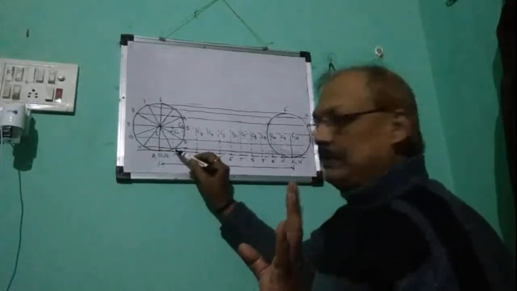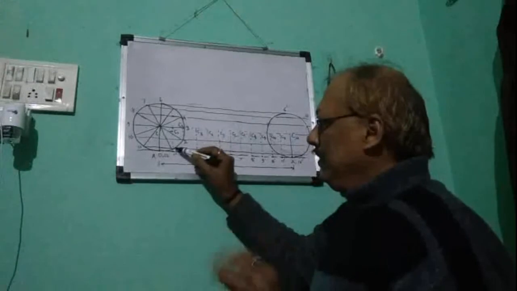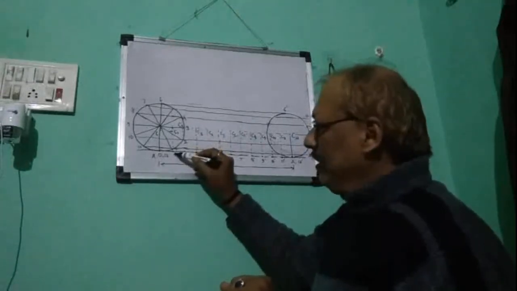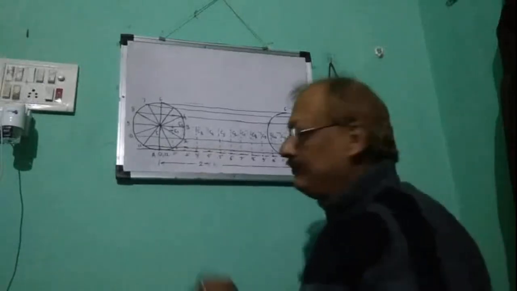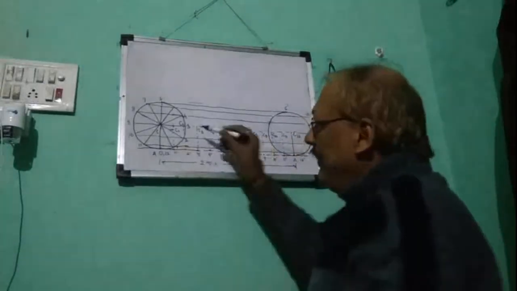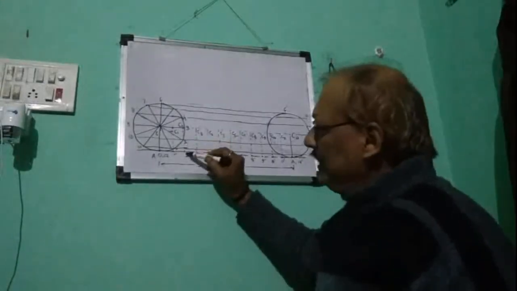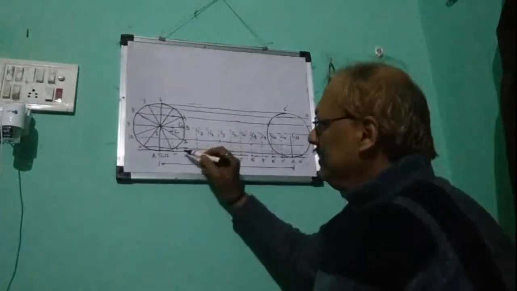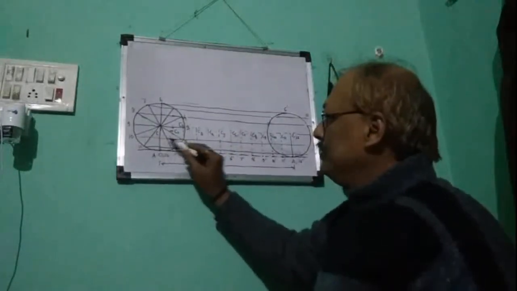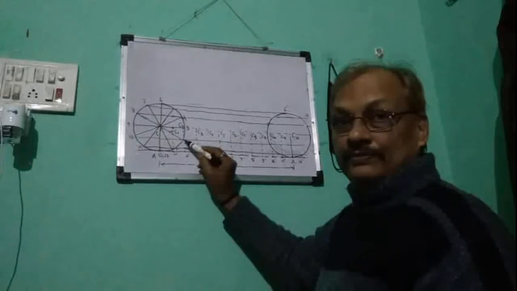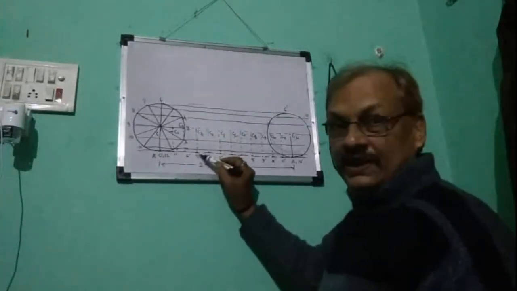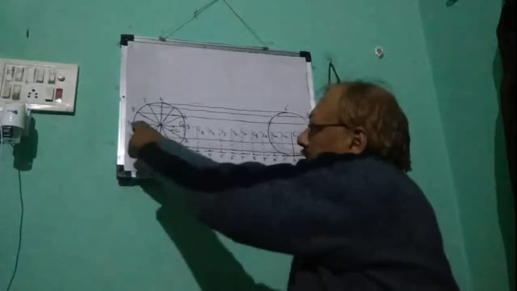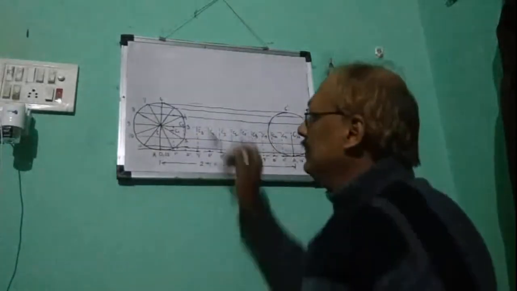Similarly, just think one by one. When 1 will fall on 1 dash, then A will be on the line from 1. When 2 will fall on 2 dash on rolling, then A will reach the horizon from 2. Similarly, when 3 will fall on 3 dash, then A will reach this line.